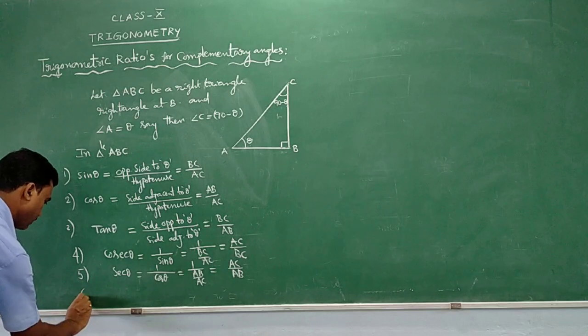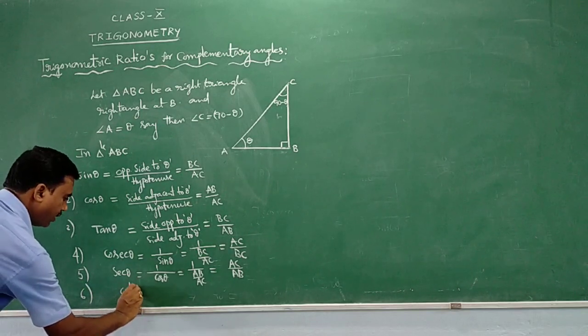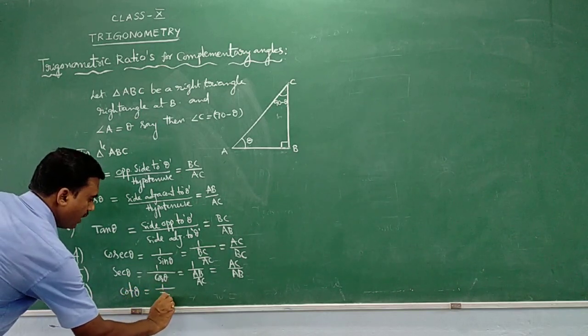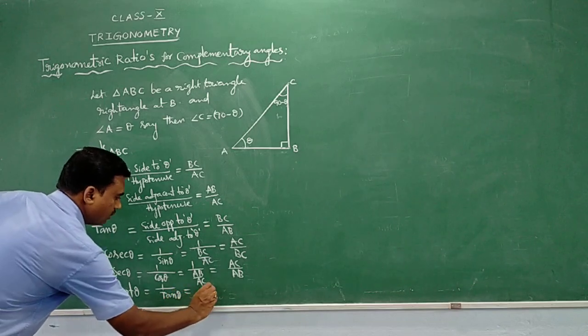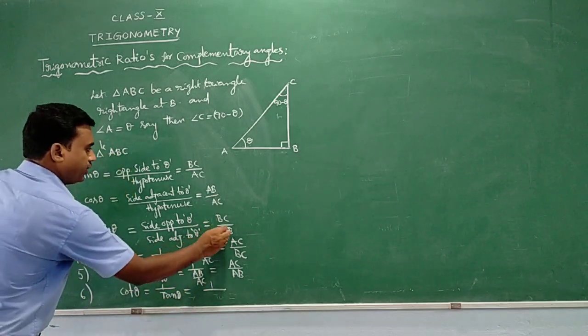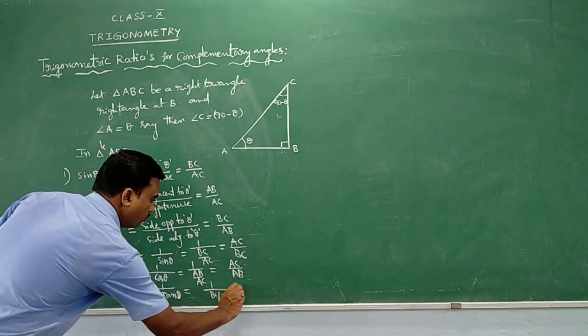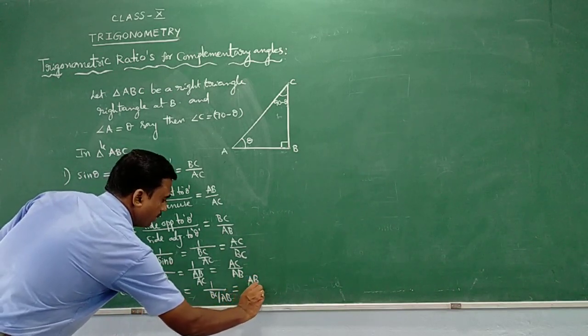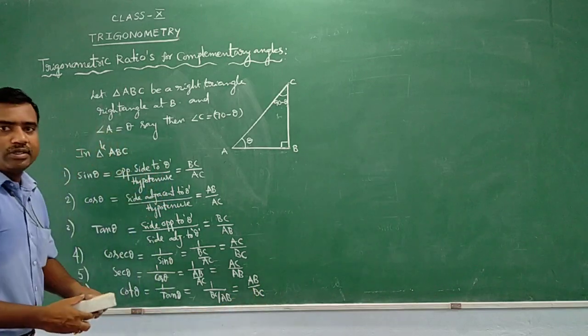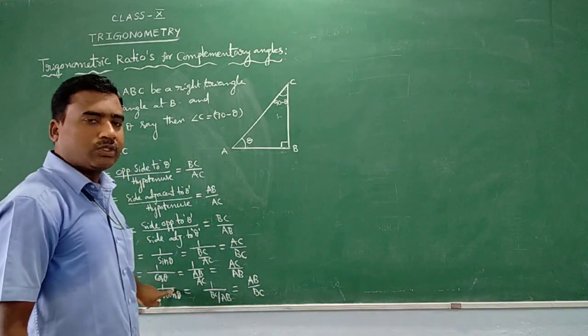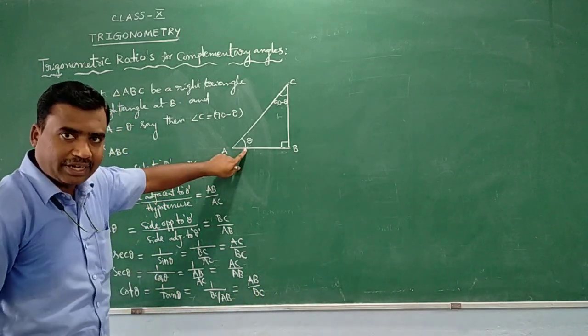Now cot theta is equal to 1 by tan theta, that is equal to 1 by BC by AB, that is equal to AB by BC. So these are the trigonometric ratios for angle theta.